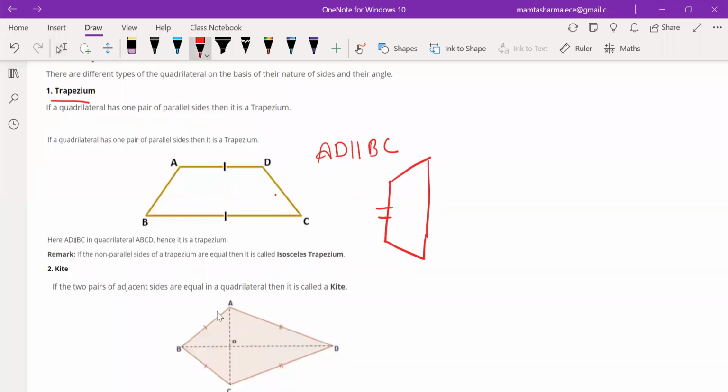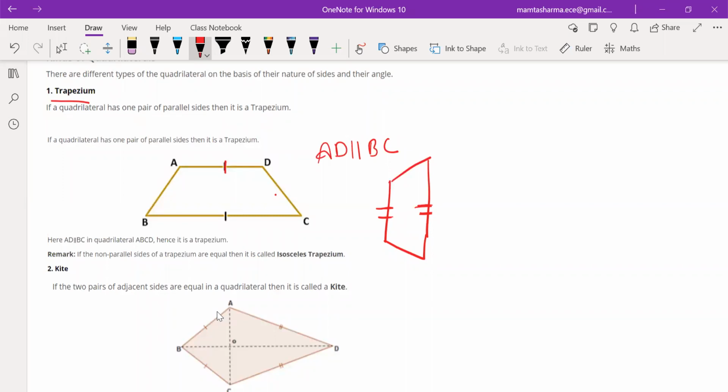This is also a trapezium because here these sides are parallel. Any two opposite sides should be parallel. This is a must condition for a trapezium. Here AD and BC opposite sides are parallel.